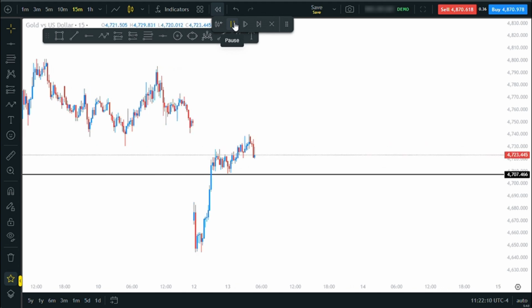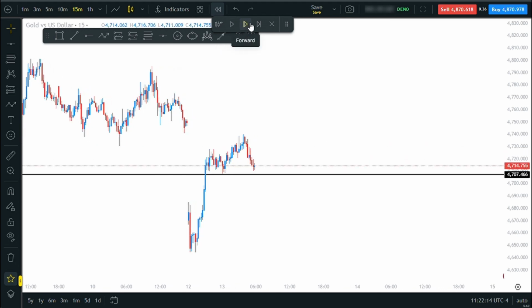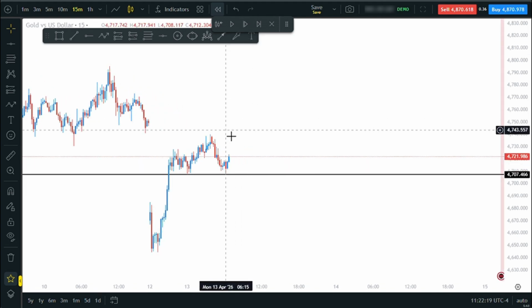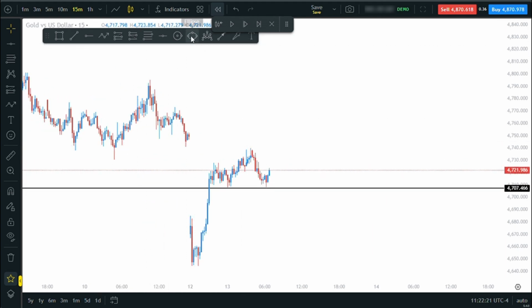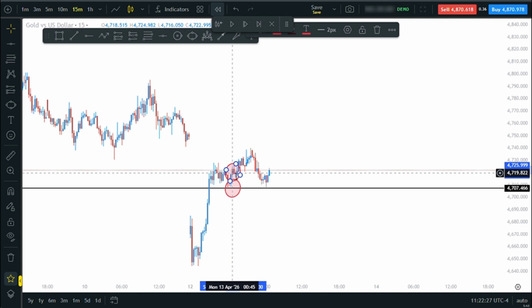The market kept on doing its thing and I got some kind of good price action around here. I was waiting for a buy and then I got this double low around here, which showed me that the market is most likely going to make an upward move.